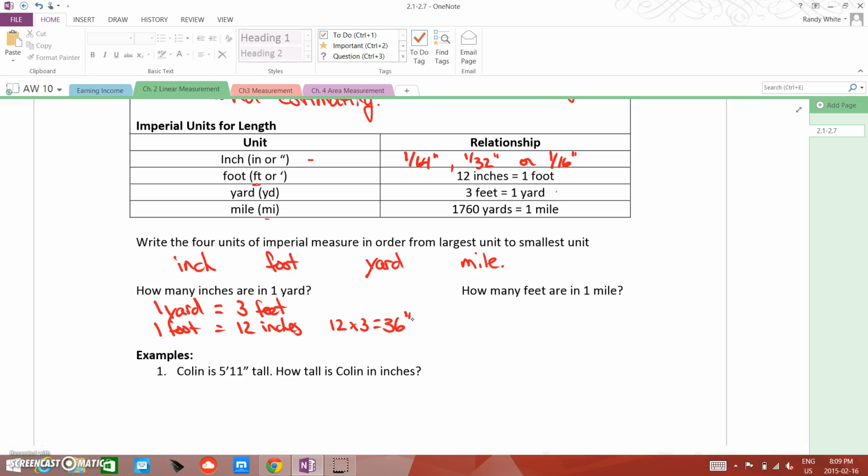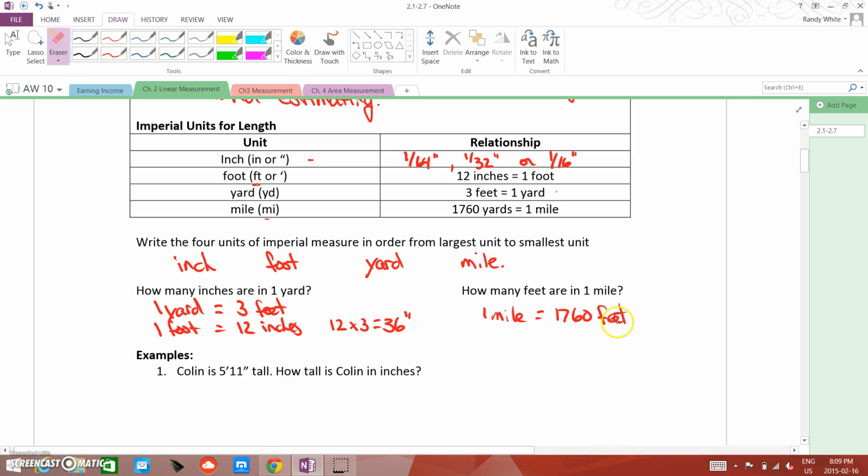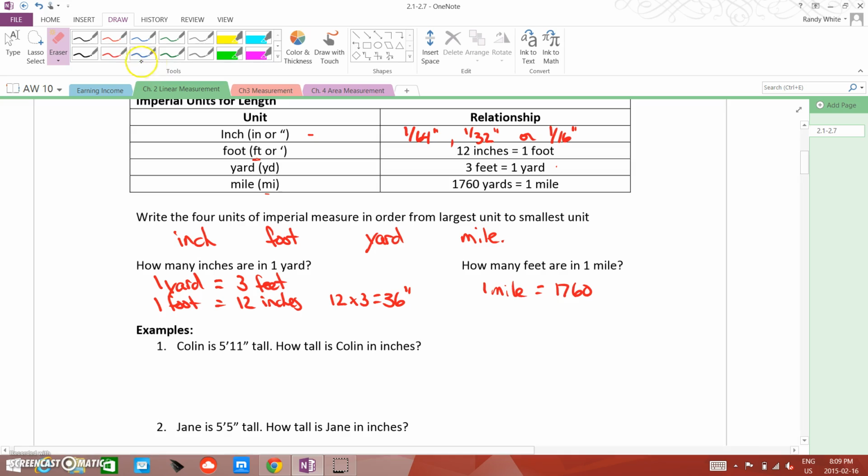How many feet are in 1 mile? Well, I know 1 mile equals 1,760 yards. Let's actually do it the way you need to get used to seeing it: 1,760 yards times 3 feet over 1 yard.